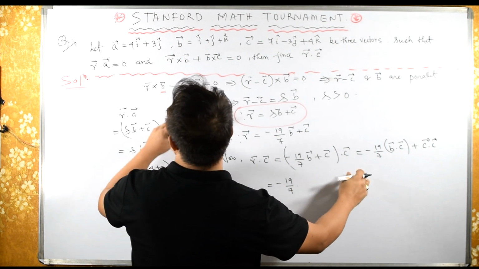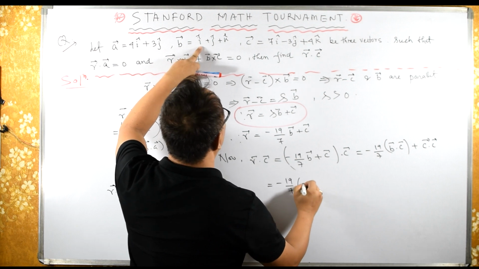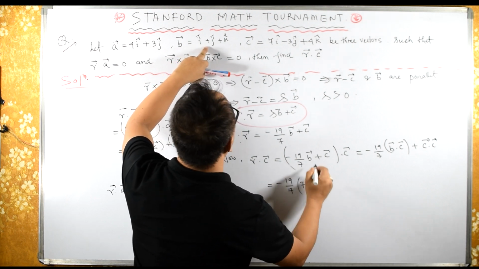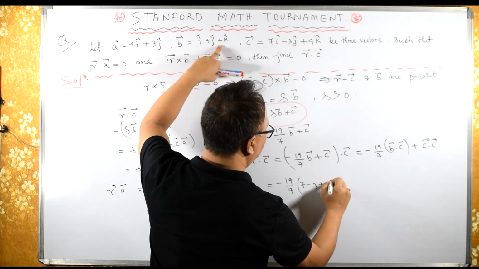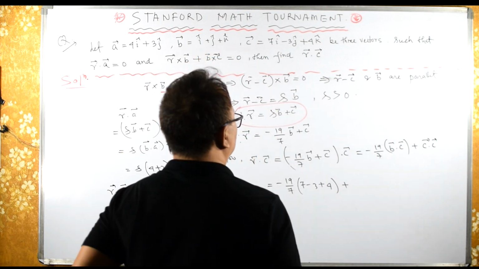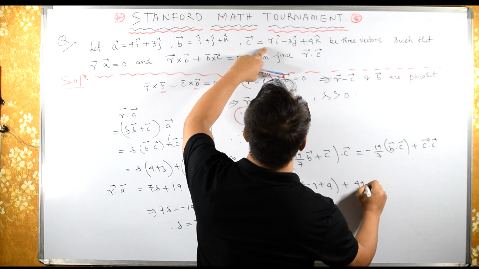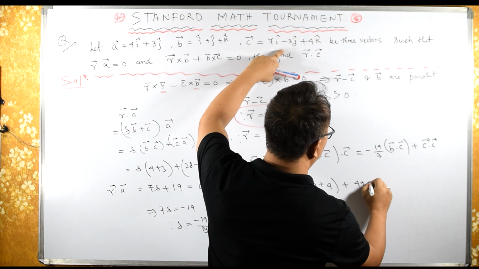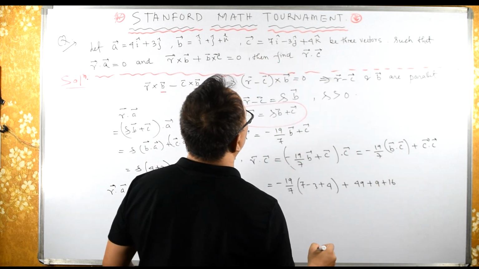What is B dot C? B here, C is here. So here 7 minus 3 here plus 4 ones are 4, plus here C: 7 sevens are 49, here 3 threes are 9, 4 fours are 16.